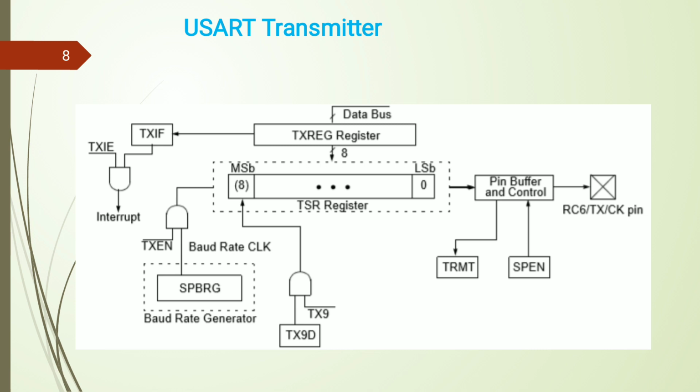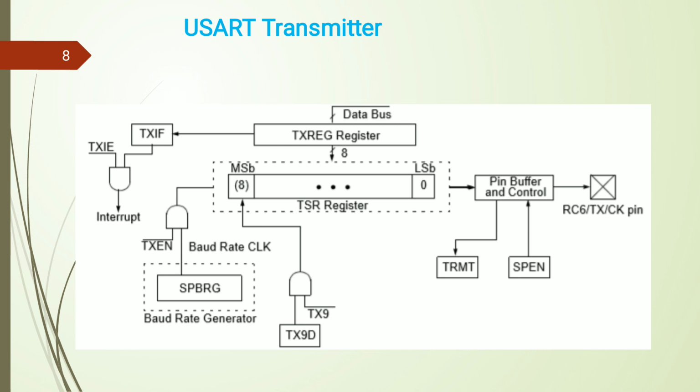So TX transmission enable is done here, and TXREG register, which is actually connected to the data bus or CPU side, contains the actual data contents, and this TXREG register is connected to the TSR register, and TSR register generates the data frame which is to be transmitted along with start bit and stop bit adding.